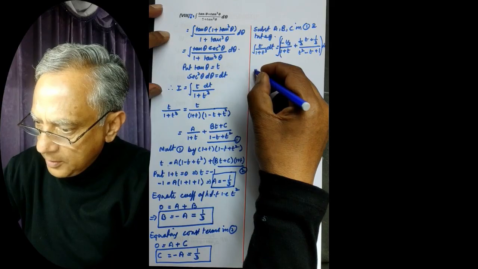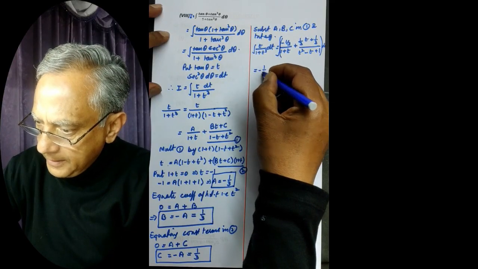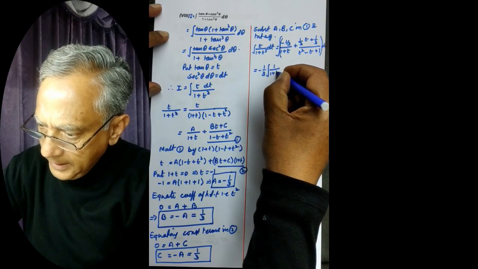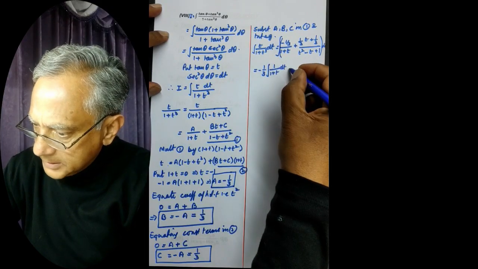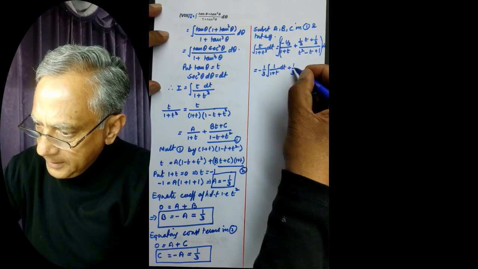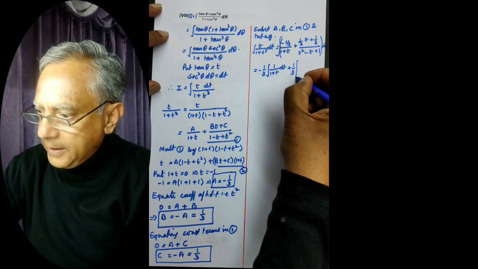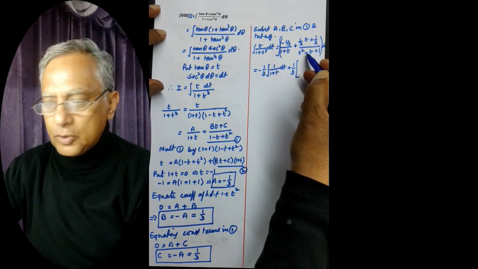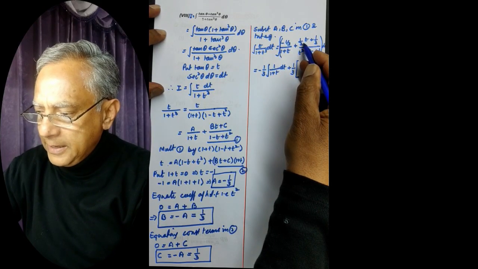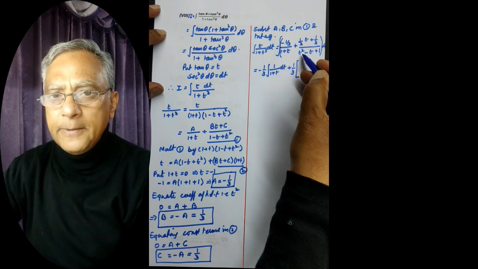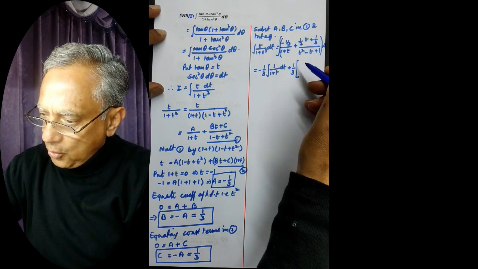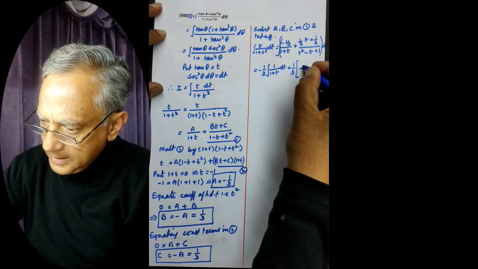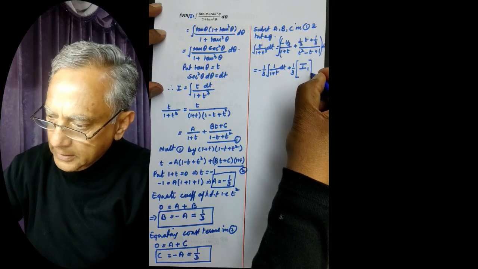This is equal to minus 1 by 3 integral 1 over 1 plus t dt plus 1 by 3 of integral of this. Now this is linear over quadratic, so we will write this linear in terms of differentiation of this quadratic. Let this integral be known as I1.